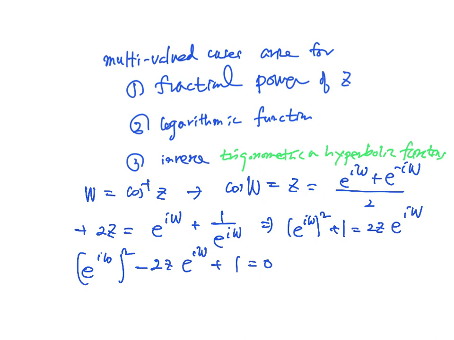Exponential iw can be solved: z plus or minus square root of z squared minus 1, to the power 1/2.